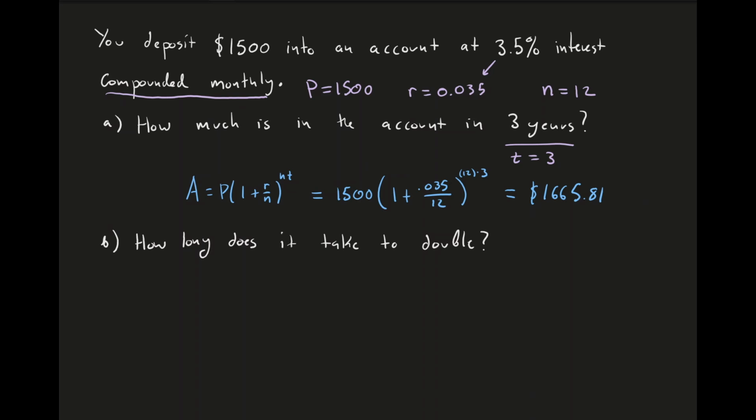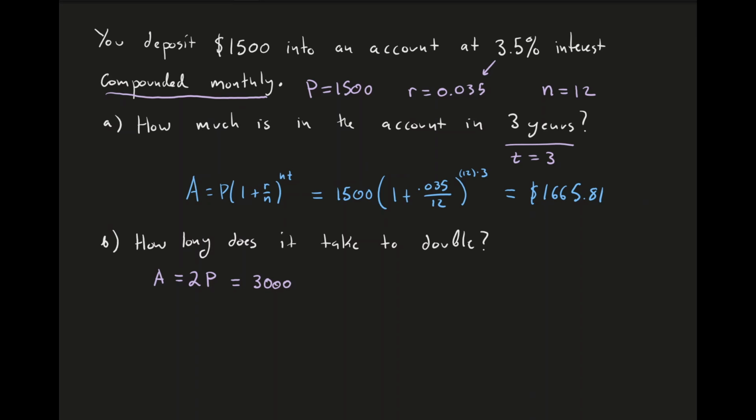In this case, for the doubling time, the amount you want in the account, A, is equal to twice your principal. So you can actually tell your doubling time even if you don't know what your principal is, because it's just twice P. Here we do know that P is 1,500, so A is equal to 3,000.